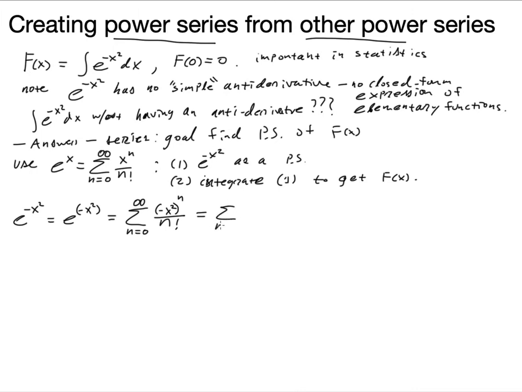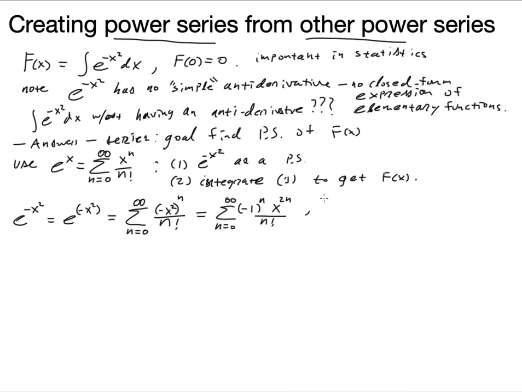I'm going to do a little bit more simplification and factor out the negative 1, and then have an x to the 2n there, all over n factorial.